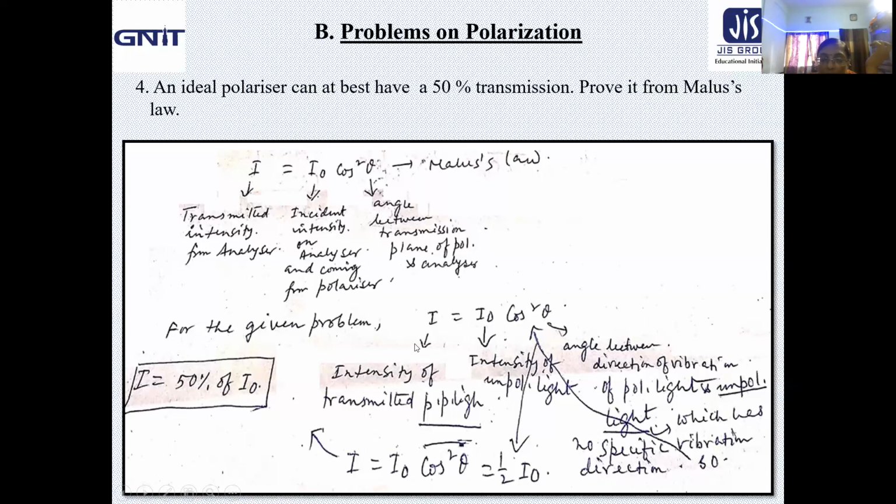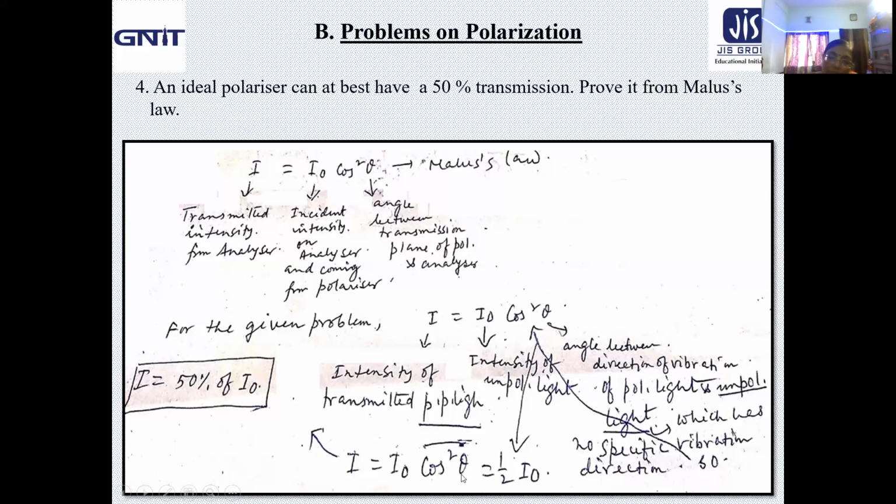I is the intensity of transmitted plane polarized light, I0 is the intensity of unpolarized light, and theta is the angle between the direction of vibration of polarized light and unpolarized light, which has no specific vibration direction. So theta will be replaced by theta average. That means cos square theta will be replaced by cos square theta average. And what is the cos square theta average value?